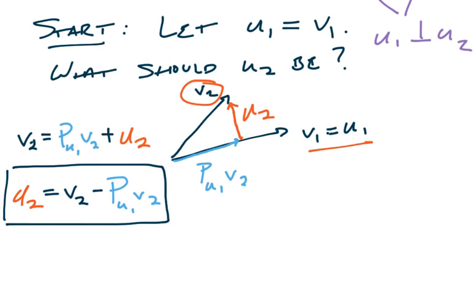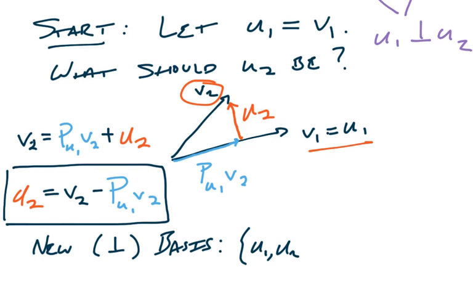So the new basis, and I'm going to use the perpendicular sign shorthand, this is our new orthogonal basis, U1, U2, where U1 is just equal to V1, and U2 is the original V2 minus the projection onto U1 of V2.